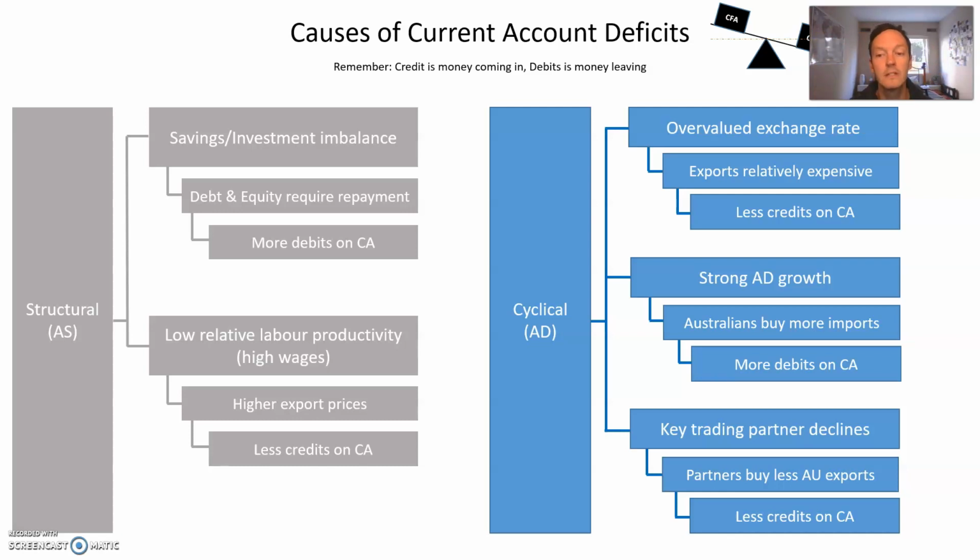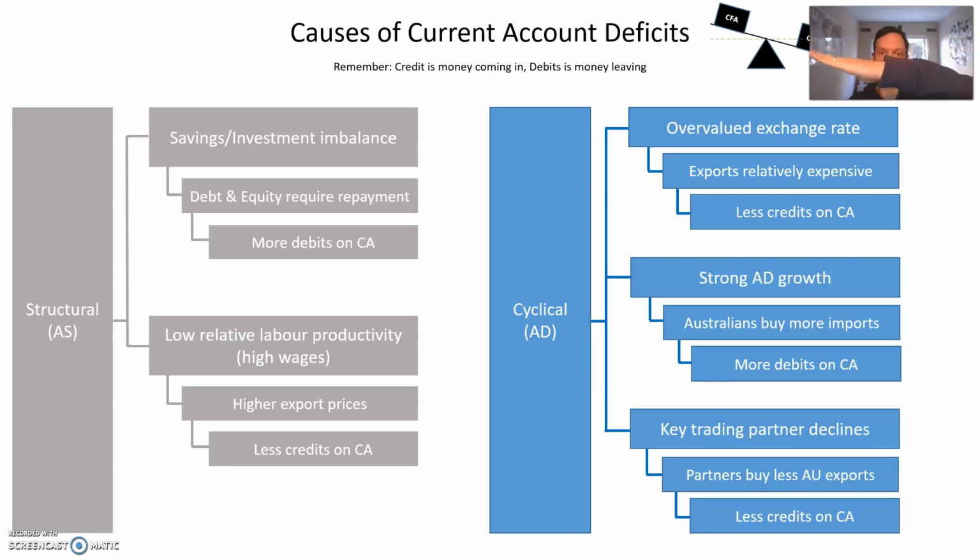So in a business cycle where the economic growth of a key trading partner declines, like has happened at the moment with what's happening in China and other areas around the world, they're going to buy less of our stuff. If we have, let's say, China over here and Australia here, if China's buying less stuff from us, there's less money coming in, and so there's going to be less credits on our current account.